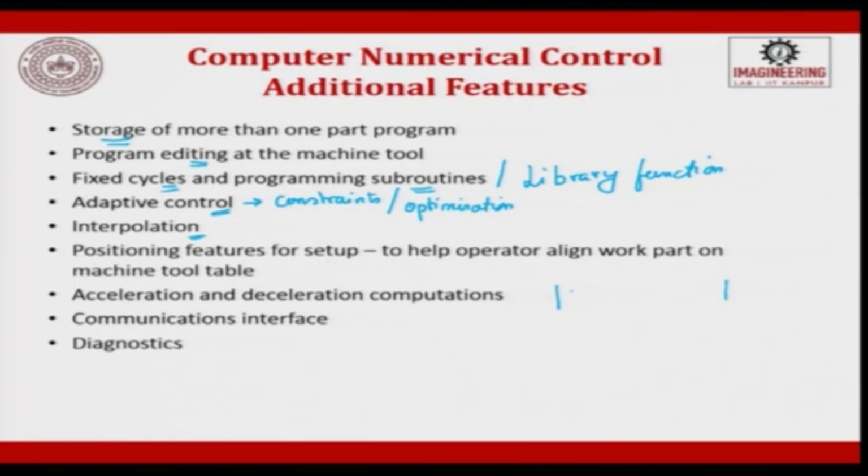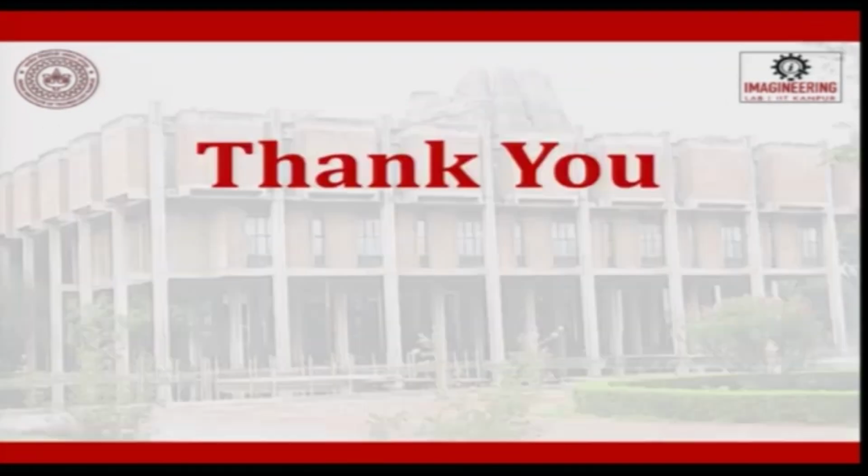When you do that, it has to accelerate, then maintain a certain speed, then decelerate. Then communication with other interfaces can happen. It also can help us in diagnosing. So, these are the additional features offered by a CNC machine as compared to your NC machine. Thank you very much.